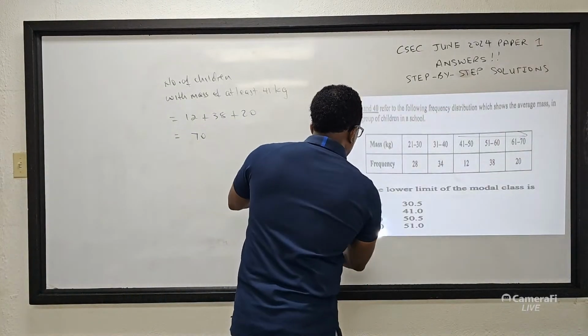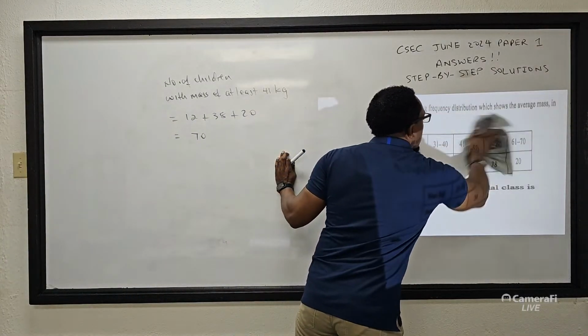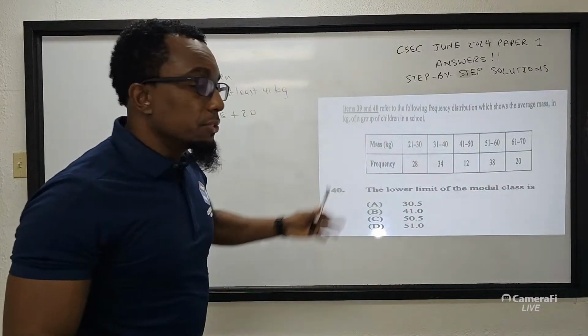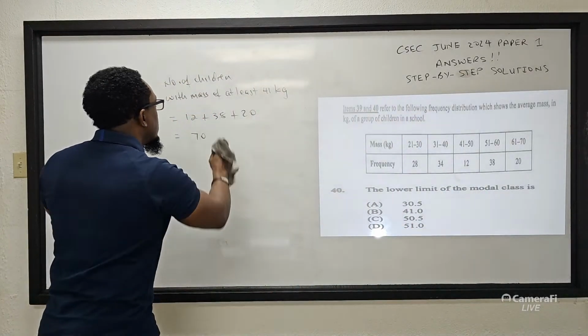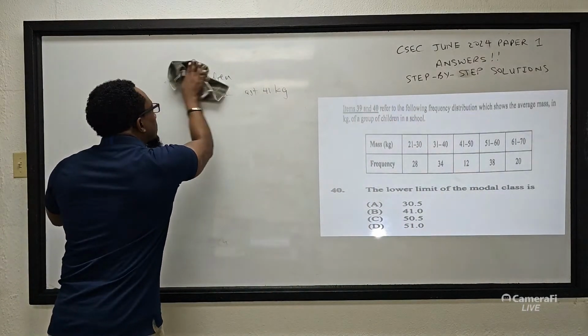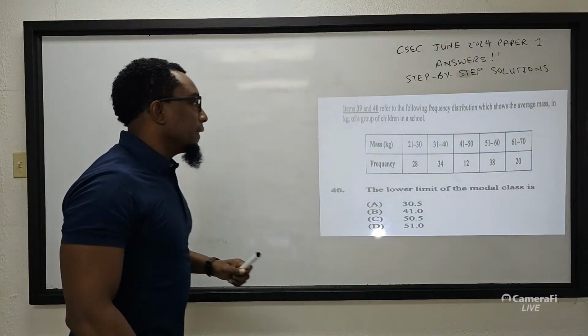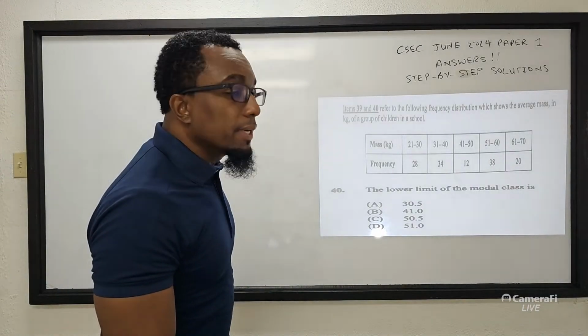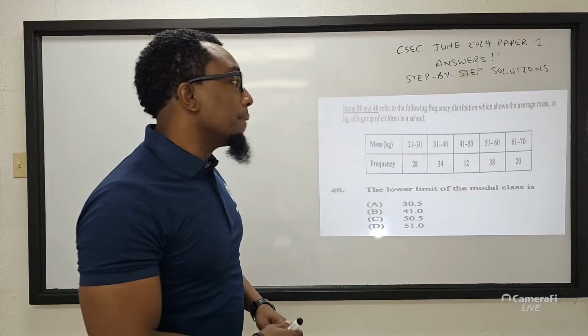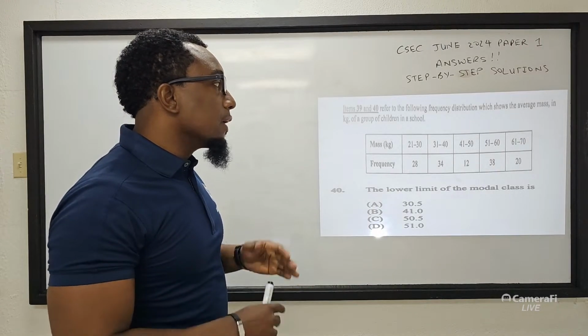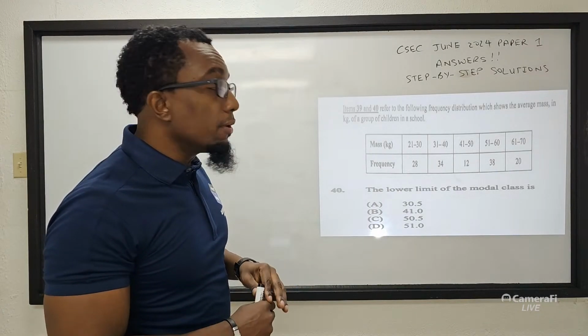So 40 also applies to this frequency distribution. 40, the lower limit of the modal class is, so when we talk about mode, we know mode is the observation which occurs most often.